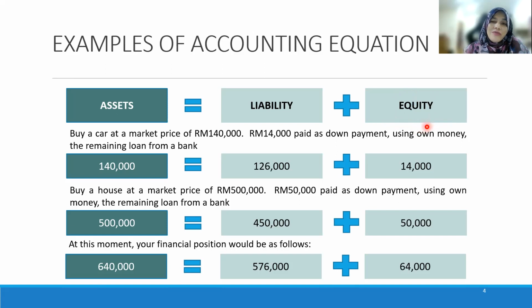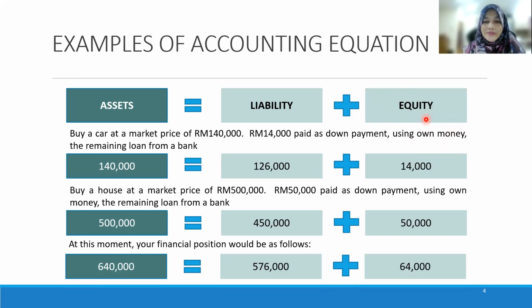It will come in the form of profit generated by the business, which is not distributed but is kept in the business, so it is part of the equity. So equity can be in the form of profit which is retained in the business for the purpose of growing the business in future. That's the difference between capital and equity.